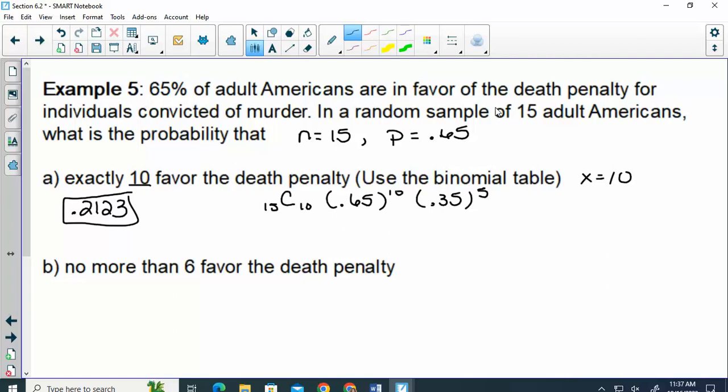Remember we did a parenthesis, we had to do the 15, and then you go to math over to probability, nCr, 15 choose 10. And we should get the exact same thing.